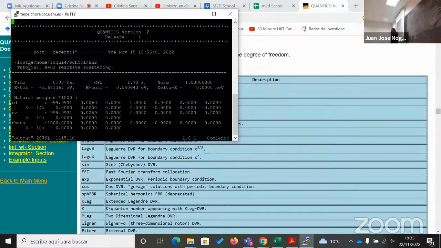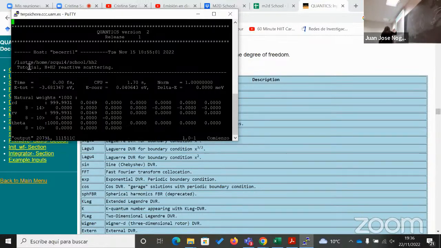The first one will be very important, and the rest will be decreasing, but they will be necessary for the whole propagation, because for the definition of the initial wave packet, at time equals 0, we only need very few functions to define something as simple as this. But when it evolves in time, it spreads, and you need many more.